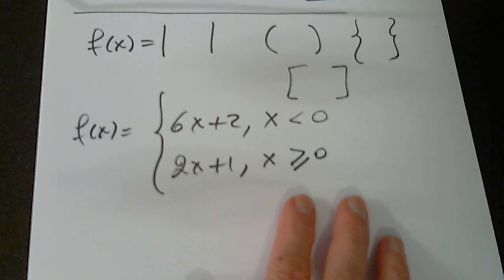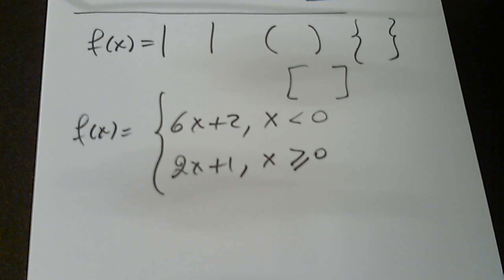I wrote it greater than or equal to. Let me see. It's hard for me to see. Yes, so it's less than 0 and greater than or equal to 0, of course. The first one is less than 0 and the second one is greater than or equal to 0. Okay, sorry. That's okay. So let me copy.